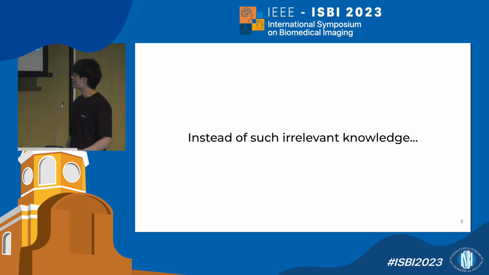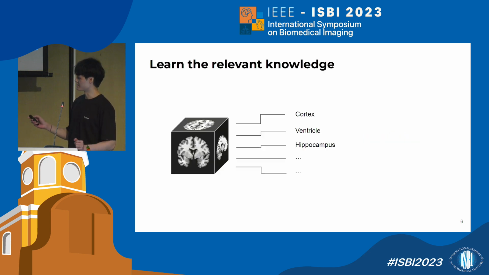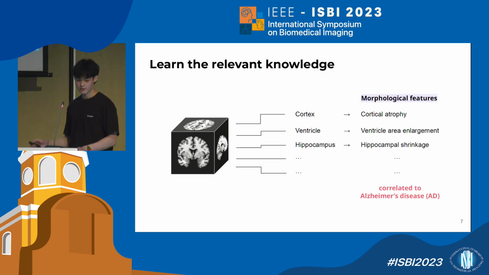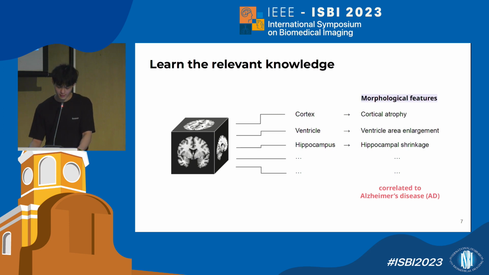So we thought, what if we can utilize the knowledge that is relevant to Alzheimer's disease? As we know, a human brain consists of several brain regions, and the morphological features of them are highly correlated to AD.